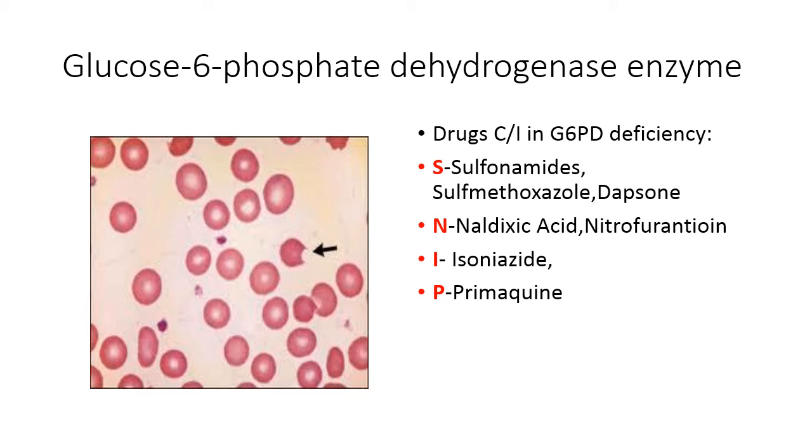This enzyme is expressed in units per gram of hemoglobin or units per cubic millimeter of RBC. For the enzyme estimation, we have to send the blood in an EDTA vial, and simultaneous hemoglobin and RBC estimation is necessary for interpretation of this enzyme.